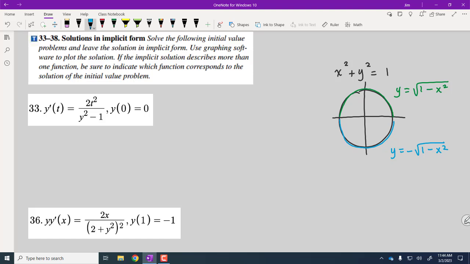Work on these 2 over the weekend, and we'll finish them off at the beginning of class. But just keep this terminology in mind. A relation can have embedded functions within it. You cannot always find the equations for these implicit functions. In this case, we could actually find equations, but you cannot always do that.